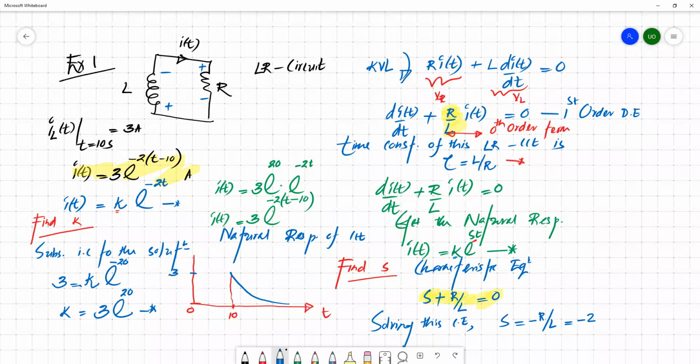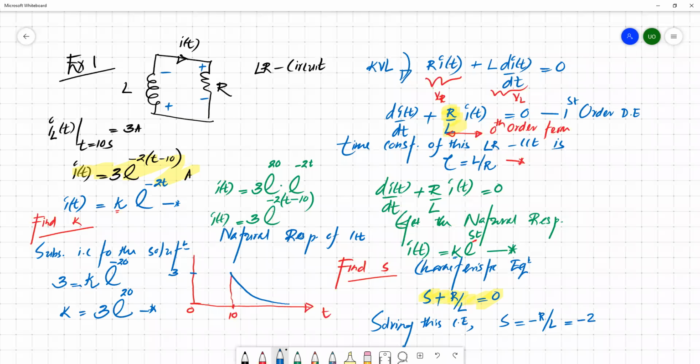So we don't know the past values. Sometimes from 0 to 10 seconds, the current may be 3 amperes, or maybe it's a different value, but at t equals 10, your current would be 3 amperes. So we don't know the exact behavior of the circuit during 0 to 10 seconds, so that's why we are not drawing the rest.